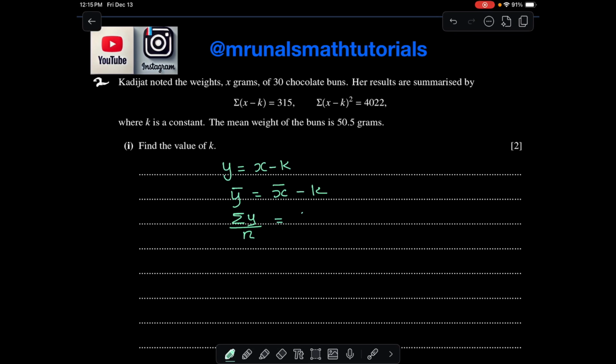Mean of x is already given to you, which is 50.5 minus k. The sum of y is this bit because we represented y as x minus k. So sum of y is 315. So 315 divided by n is equal to 50.5 minus k.